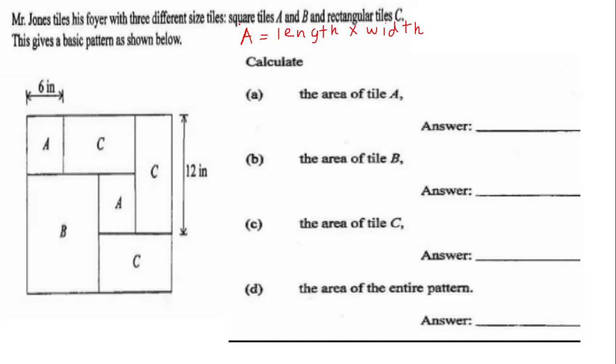Remember, the question literally says square tiles A. So if A is a square tile and this side is 6 inches, what must this side be? Also 6 inches.